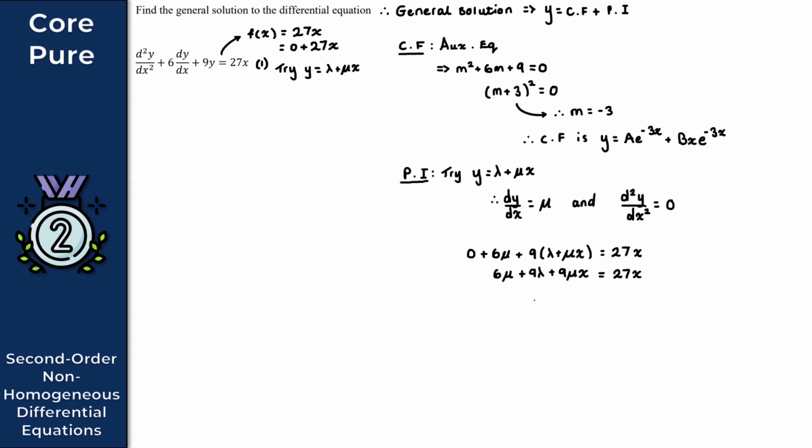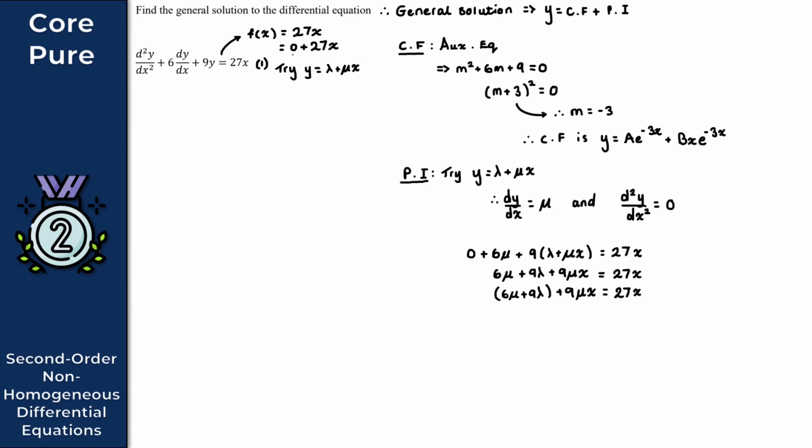What I can see is we have two constant terms, 6 mu and 9 lambda, so let's group those together: 6 mu and 9 lambda. I've also got the term for x, 9 mu x, and all of this is equal to 27x.